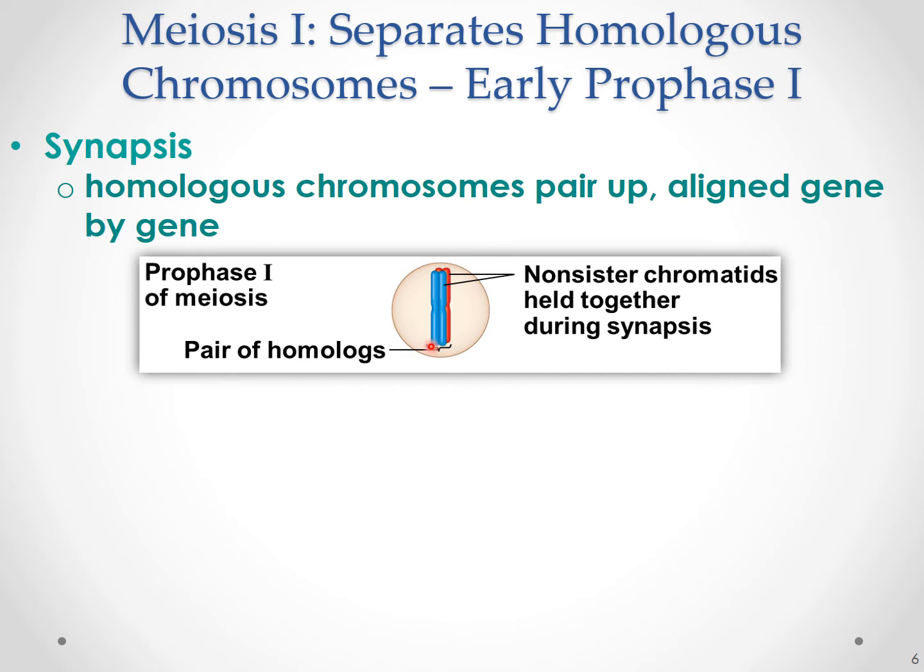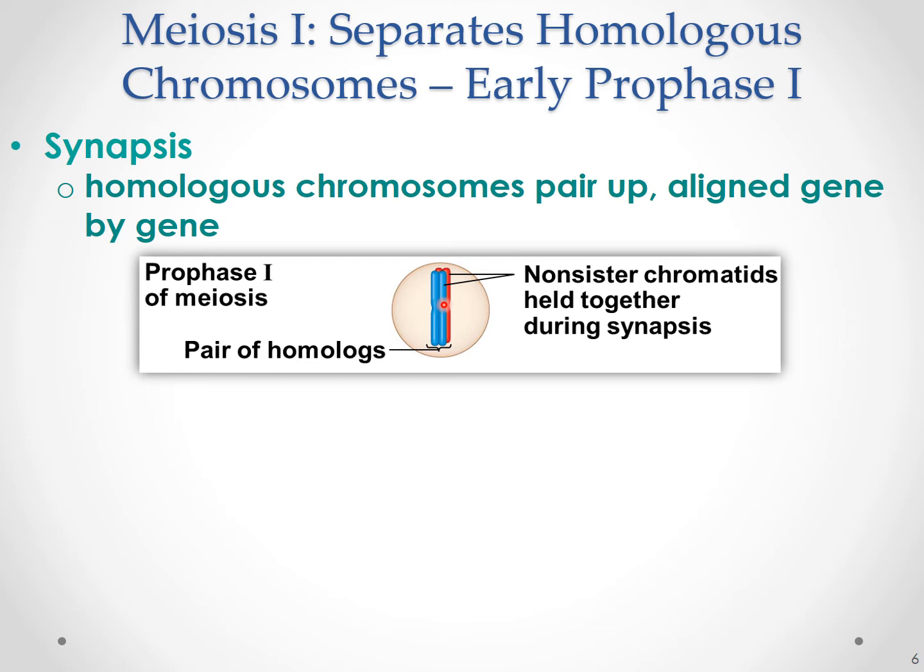Tetra meaning 4, so a tetrad is basically 4 chromatids. Remember, there are going to be 2 chromatids from the paternal chromosome and 2 chromatids from the maternal chromosome. They're going to match up. There are protein complexes that allow them to stick together, the synaptonemal complex.